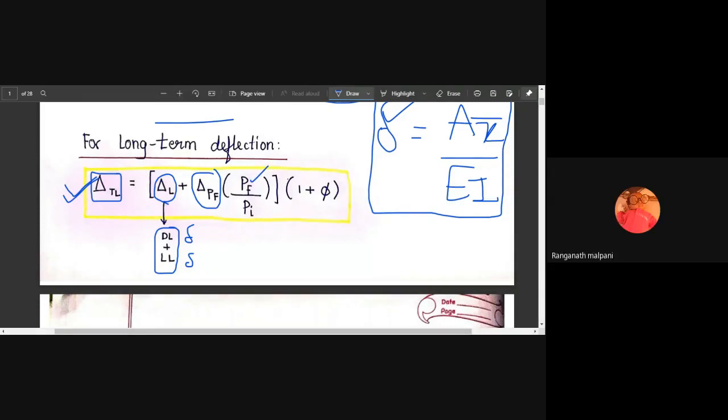PI is the initial one. We'll check whether it is PF by PI or PI by PF. Then 1 plus phi, where phi is your creep coefficient. It is usually 1.2. If it is not given, you can take it as 1.2.